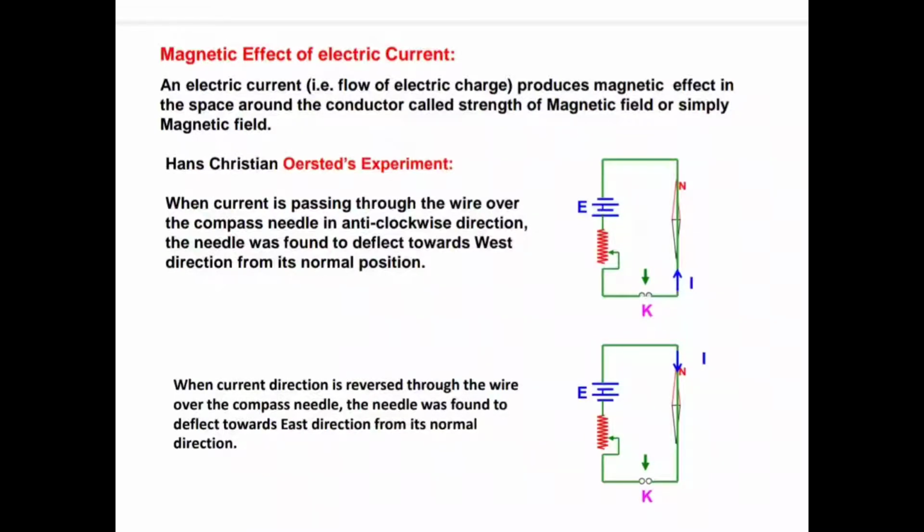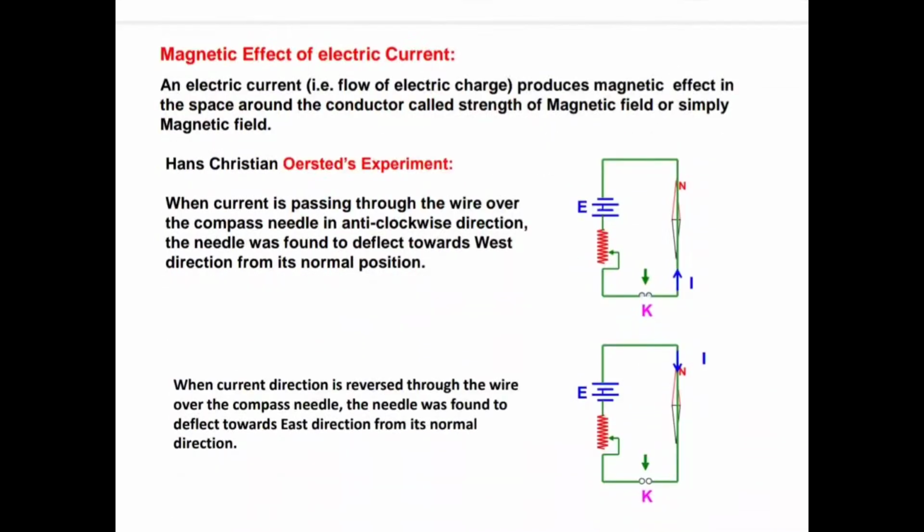The electric current was allowed to pass through a metallic wire. This is a wire through which the electric current is passing in this direction. The current always passes from the positive to the negative terminal, so it is passing in this way. And there is a compass which is placed below it.